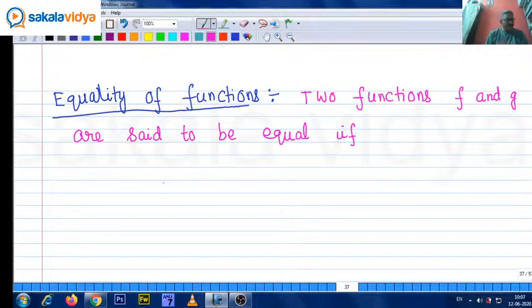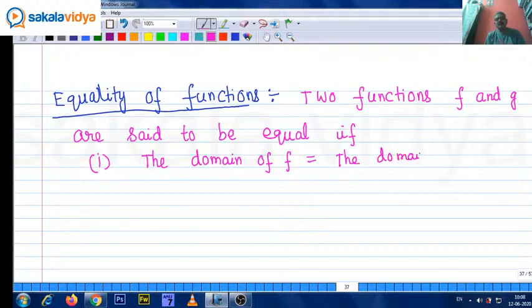First point, the domain of f is equal to the domain of g, same domain.